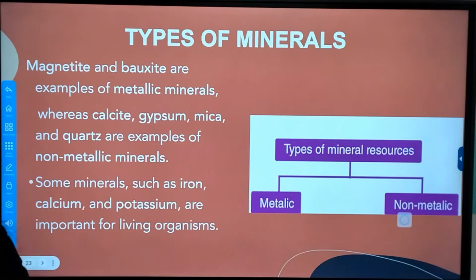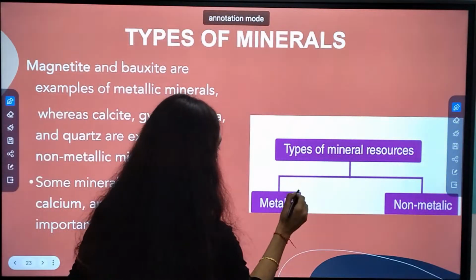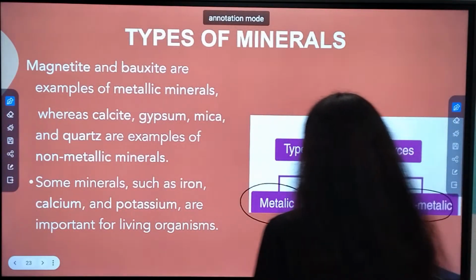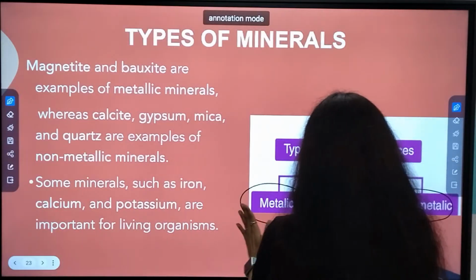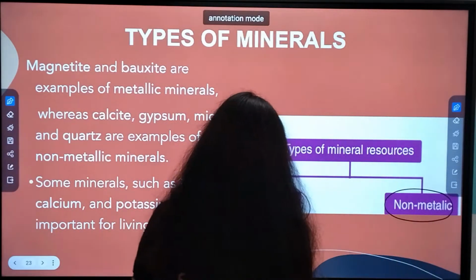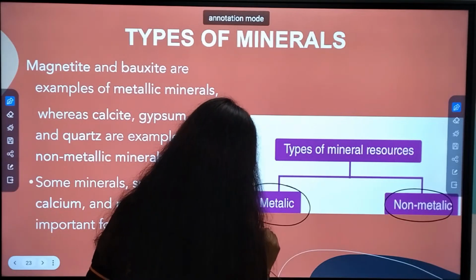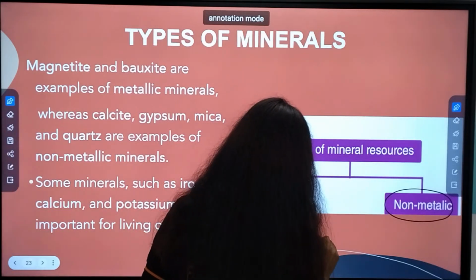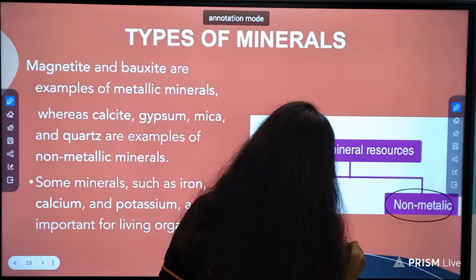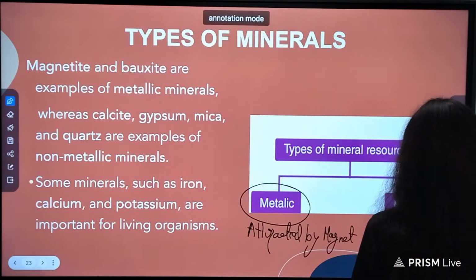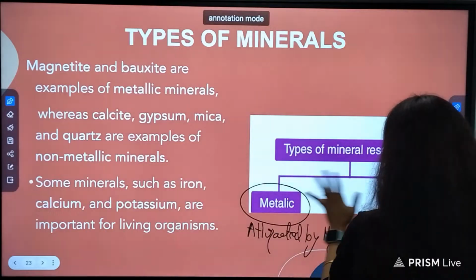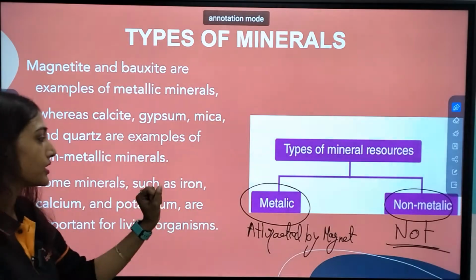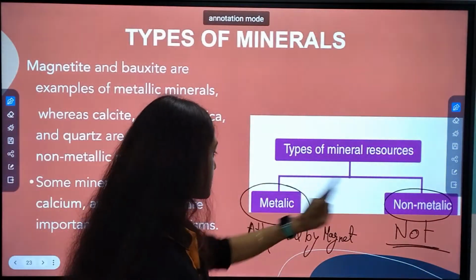Now types of minerals. One given over here is metallic. Another is non-metallic. Okay, the basic difference between metallic and non-metallic is that metallics are attracted by a magnet and these are not. Okay. Details between metallic and non-metallic you will learn in higher classes. For now, you just don't need to know that much. You just know that there are two types of minerals.